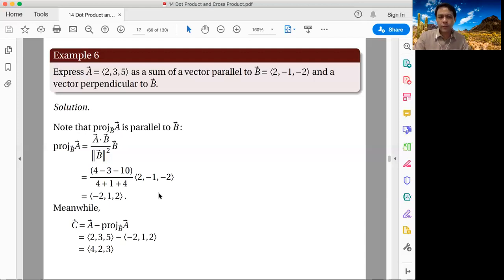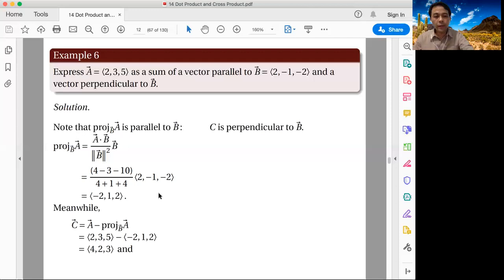Now question, is this C perpendicular to B? Well, we can do a quick check by just taking the dot product of B and C. So we get an 8, and then a minus 2, so that's a 6, and then a minus 6, and that's a 0. So C is orthogonal to the vector B.